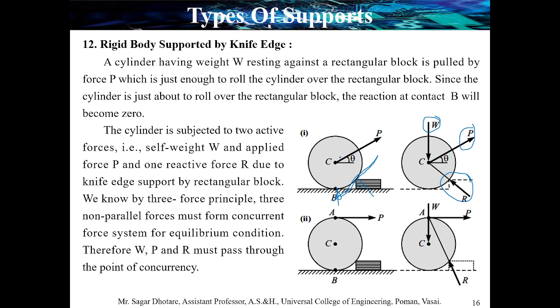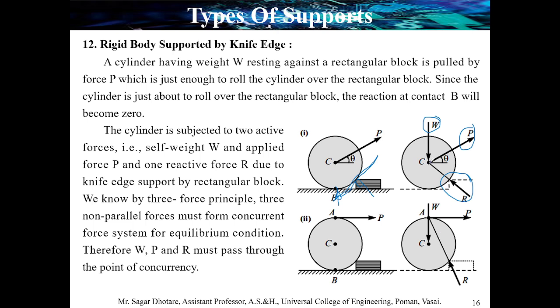In the first case, the force is applied at the center, and in the second case, the force is applied at the top of the periphery of the cylinder. So only the location of P changes, and the other reactions are also modified.